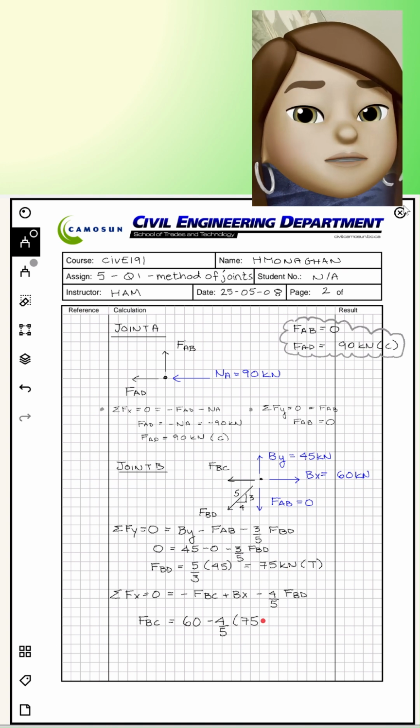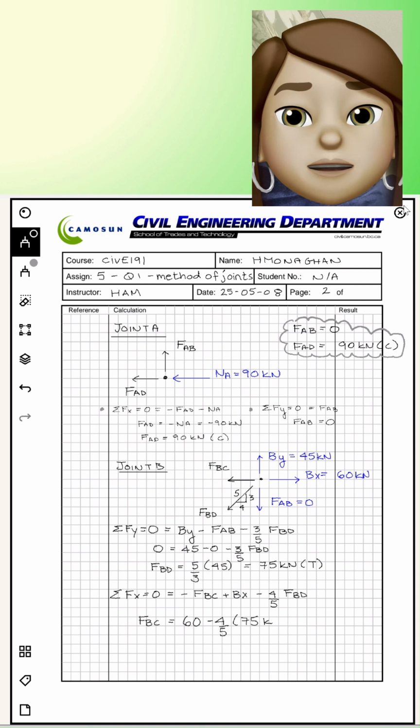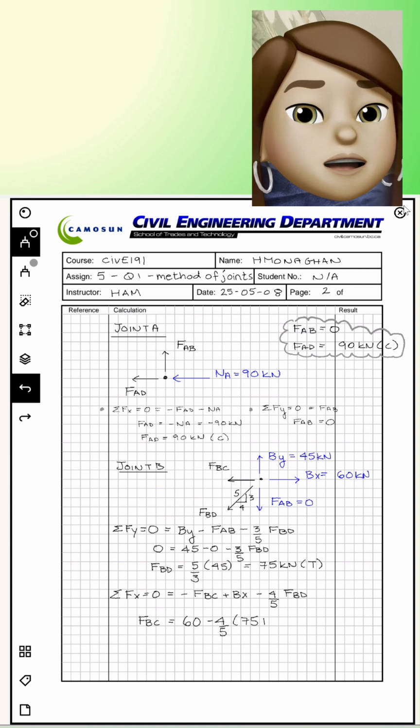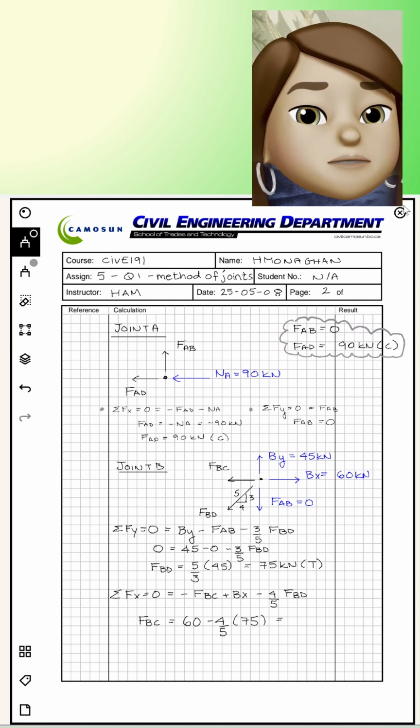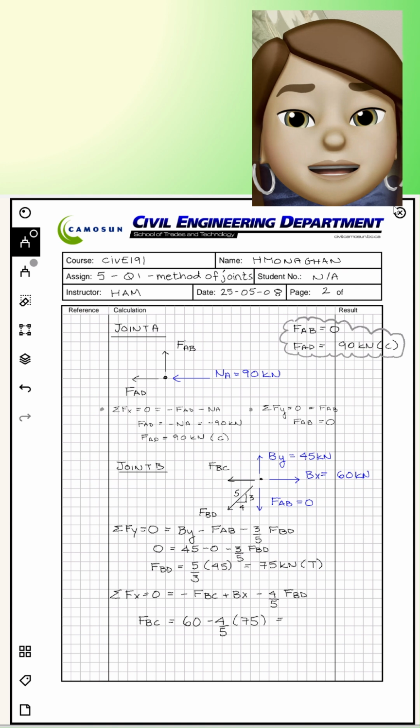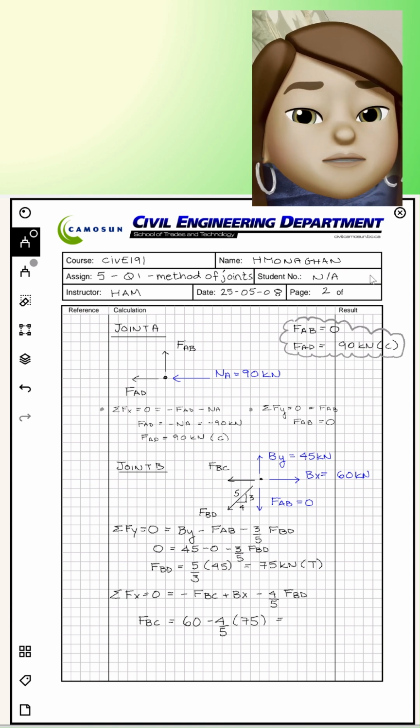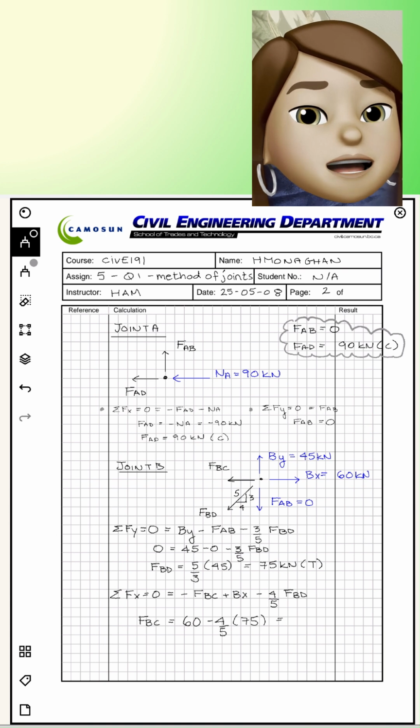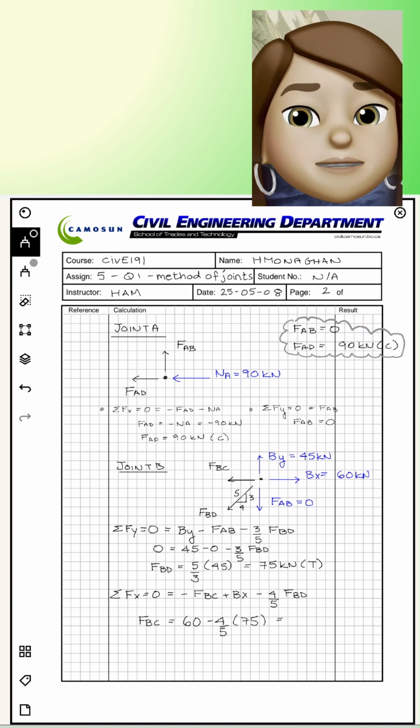I'm just going to rearrange this equation and put all our knowns on one side and all our unknowns on the other side. So we've got that BX at 60 kilonewtons, and we solved for that force BD above, doing the sum of the force in the Y. So that's 4/5 of that 75 kilonewtons, and something amazing is going to happen here.